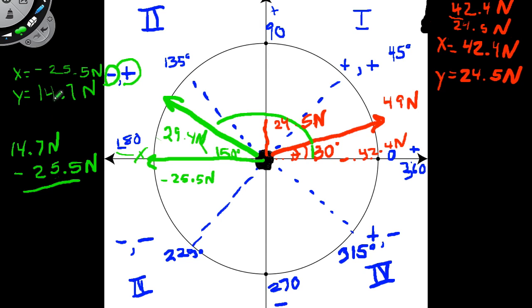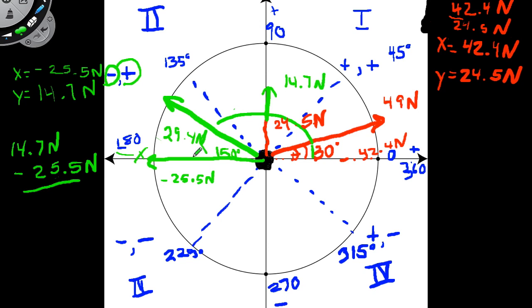And then we just said we have a y also going in this direction of 14.7 newtons. So now if I look at these things, the red is going in this direction, or in the x, the x is going in this direction for the green team. The red is 24.5 newtons in that direction, and the green also is going 14.7 in that direction.